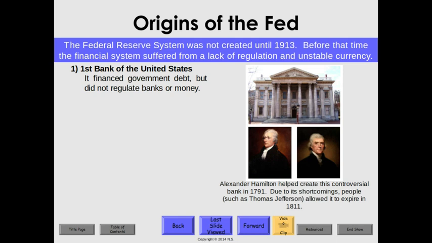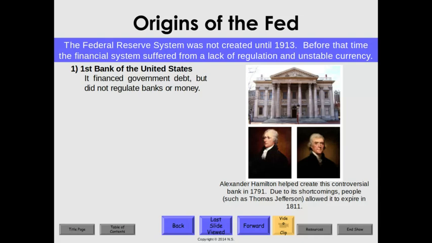So, First Bank of the United States. Remember, when the U.S. was founded, it was in tremendous debt. It had just fought a war against a superpower and really had exhausted just about all of its resources. Granted, in defeating the Brits, they established a new nation, but before that nation started really reaping the benefits of independence, they had to repay all their debts.